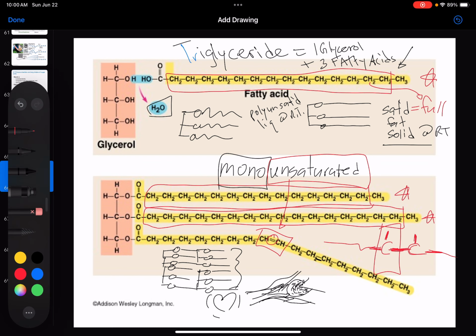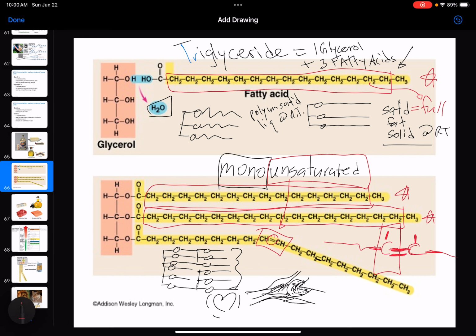Well, then they respond by doing what? Double bonding. And when they double bond, it causes this carbon here to change its orientation, and now the chain, instead of going this way, now it goes this way. Introducing double bonds changes the shape of the molecule, changes the structure, and you will alter its function, right? Instead of being saturated, now it's unsaturated fat, and they act differently inside of our blood vessels.